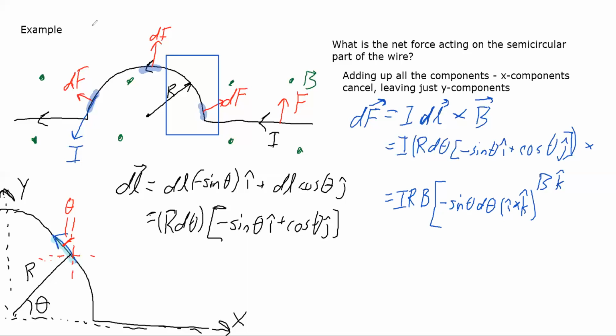It came from the fact that I distributed my k hat here to both terms. So that's where the i hat cross k hat comes from, and then I'm going to distribute this k hat to the j hat. So my next term would be plus cosine theta d theta, and this would be j hat cross k hat.